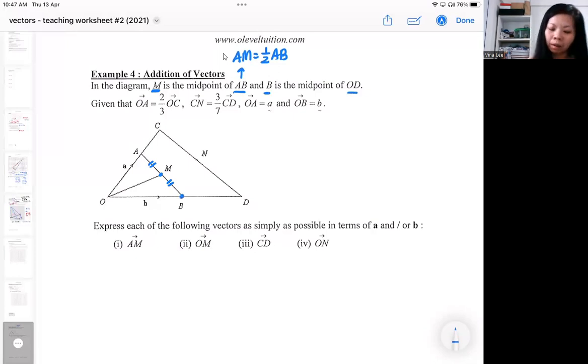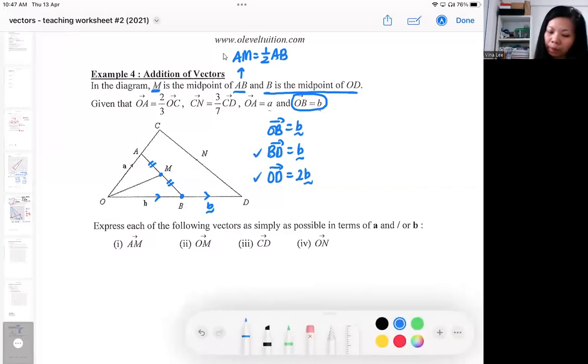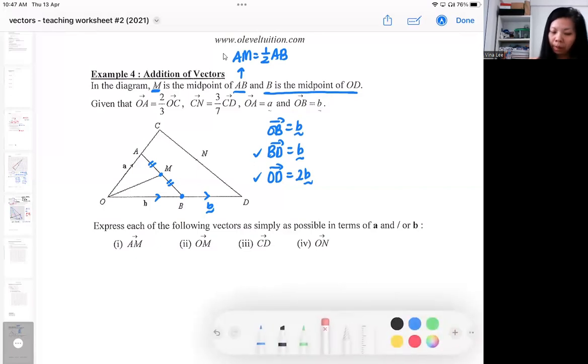So from this part, I will be able to know that OB is equal to B, but BD will also be equal to B because of the idea of midpoint. And because of this, I know the whole of OD. So because of this statement, I come up with a bit more vectors.